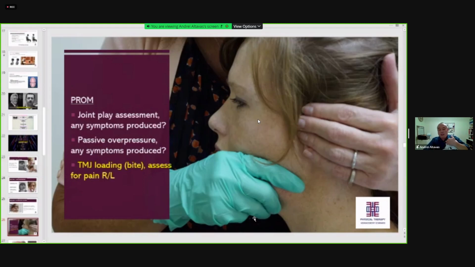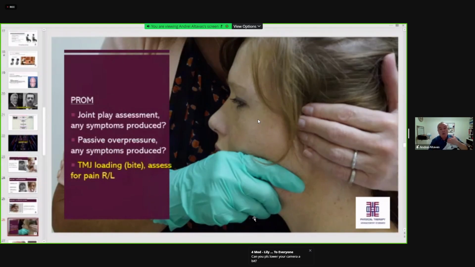Ask the patient if they have any pain in that movement. I can also translate, which is part of your mobilization technique, which I'll show you in a bit on video. Basically you look for pain response with distraction and translation.